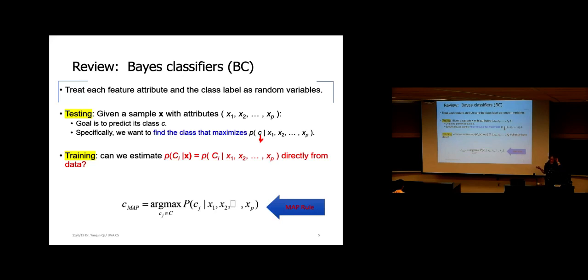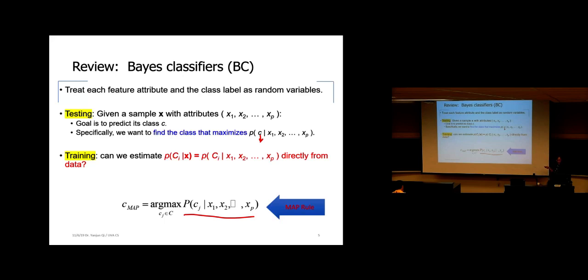Here C is our output variable, X is our input variable vector, because we normally have multiple input features, which makes a random vector. So the whole fundamental is using P(C|X), and whichever class gives me the argmax, the specific classification value that gives the largest conditional probability, is my predicted label. This is the MAP rule.